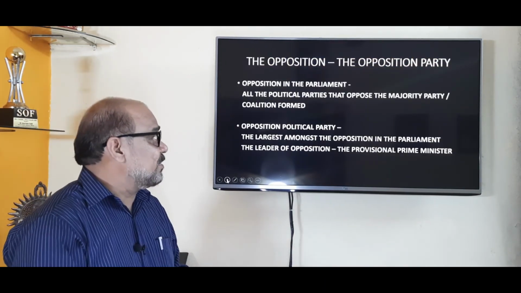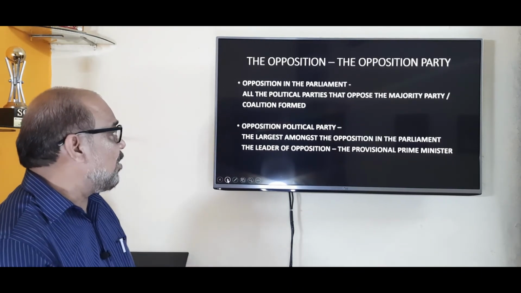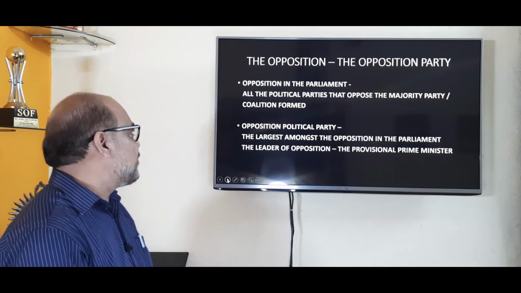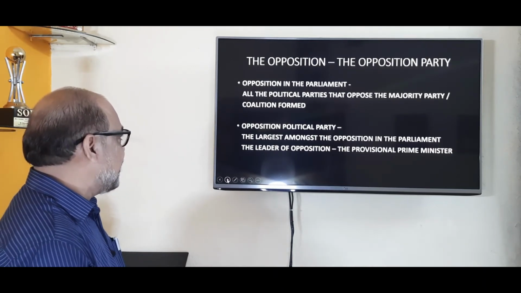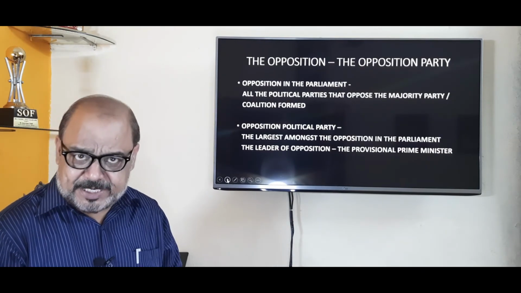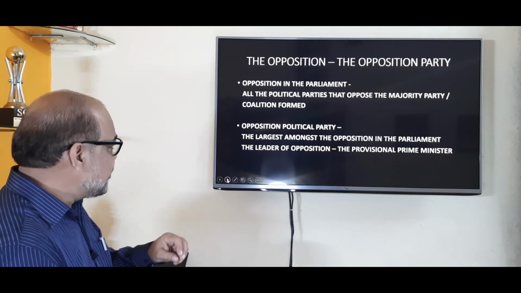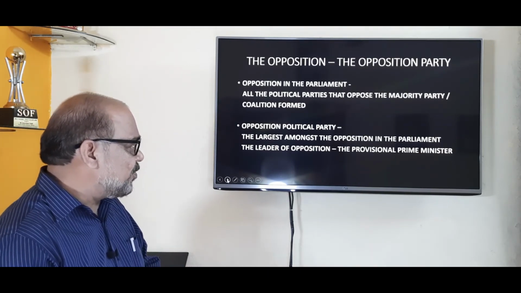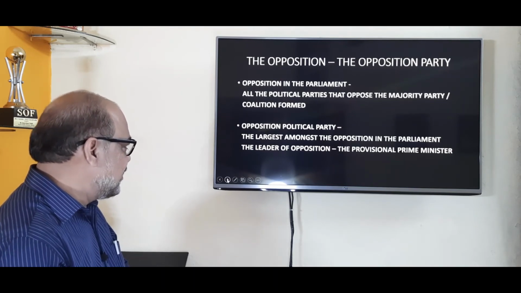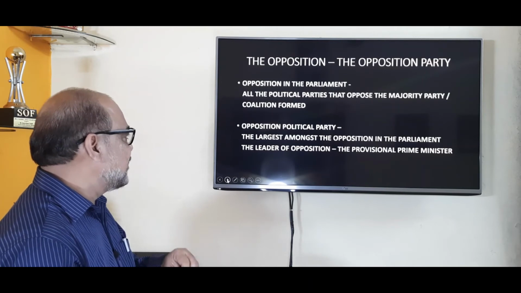The opposition party. As I told you, the opposition in the Parliament, what is the opposition in the Parliament? All the political parties that oppose the majority party or the coalition government formed are called opposition. Now, the largest opposition political party in the Parliament is called the opposition political party.